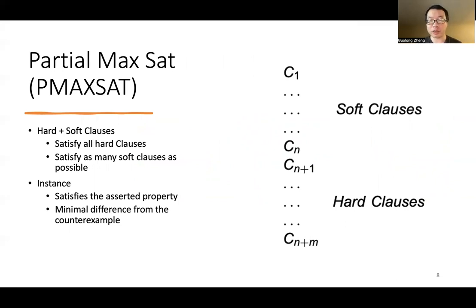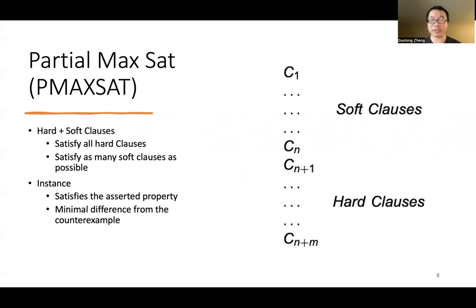The first one is a hard clause and the second one is a soft clause. And the PMax set solver would try to find a solution that will satisfy all the hard clauses and satisfy as many soft clauses as possible.